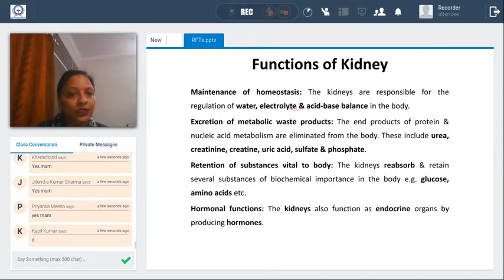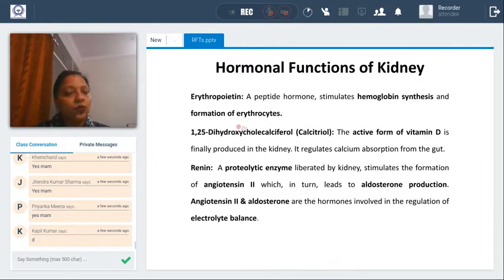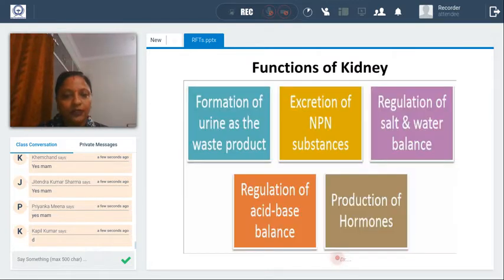First is maintenance of homeostasis. Second is excretion of metabolic waste products. Third is retention of substances vital to body. And fourth one is hormonal function, like erythropoietin, calcitriol, and renin, or you can say angiotensin 2 and aldosterone, for the regulation of electrolyte balance.